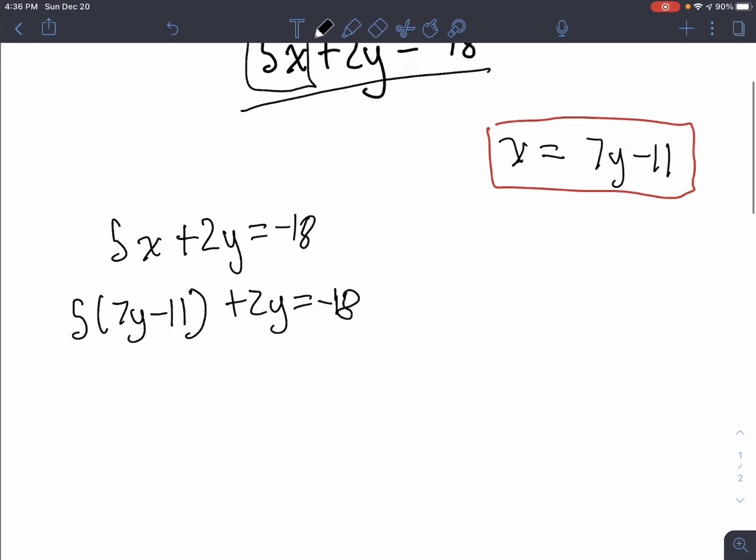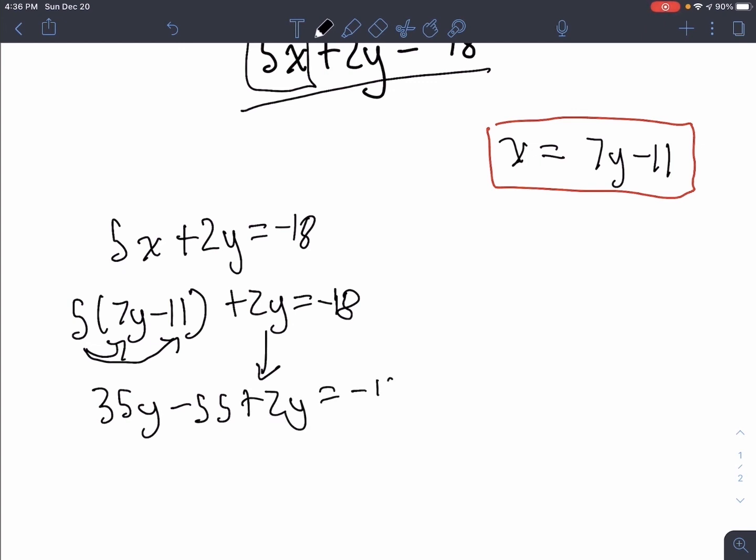So we have to use the distributive property to simplify. 5 times 7y is equal to 35y, and 5 times negative 11 is equal to negative 55. So 35y minus 55 plus 2y is equal to negative 18.